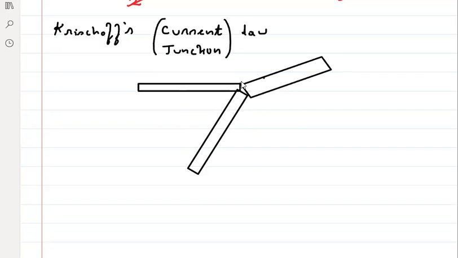And this is a junction. Makes sense, right? Think about it.